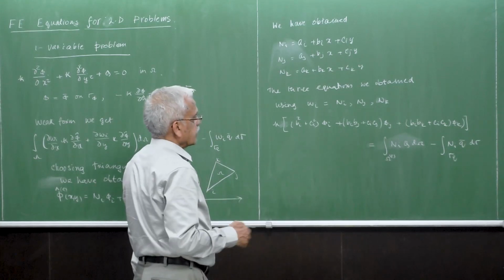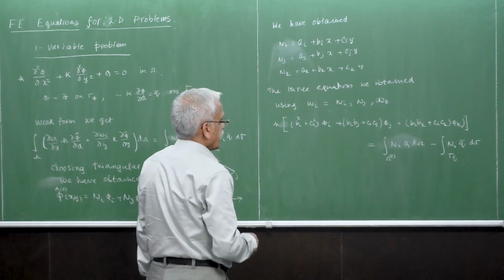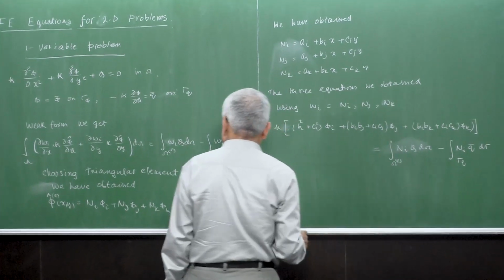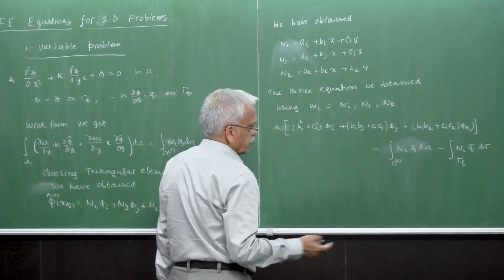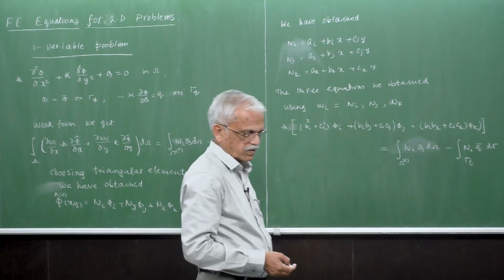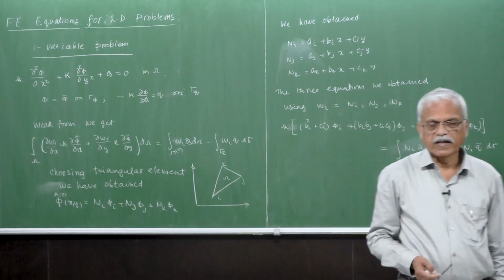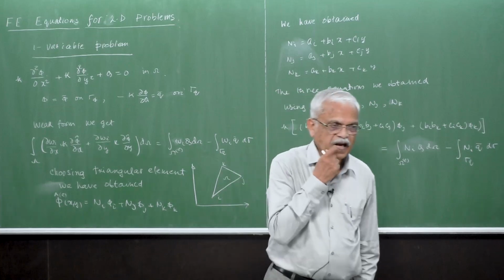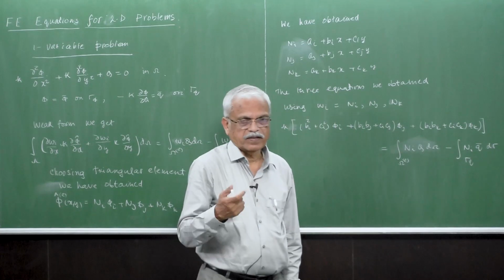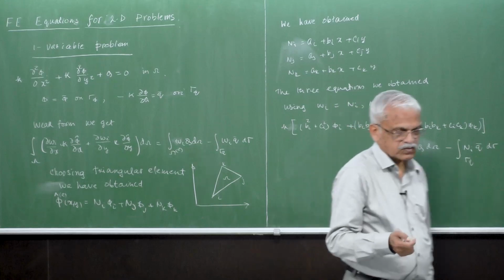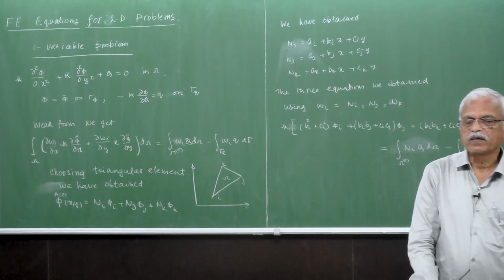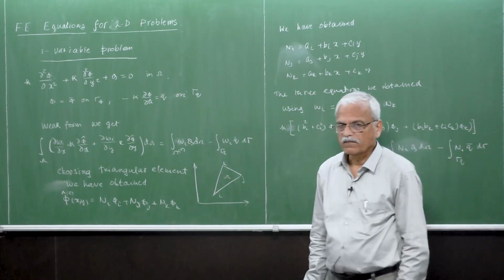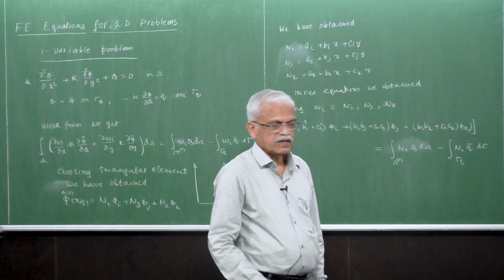Let's look at this Ni Q. Ni is a function of x, y, and Q may be a function of x, y, but without loss of generality, we can assume Q to be constant, as it is at the center of the element. This is also true because when the element becomes smaller and smaller, the value of Q may not be varying very much over the element. So there's nothing really wrong.